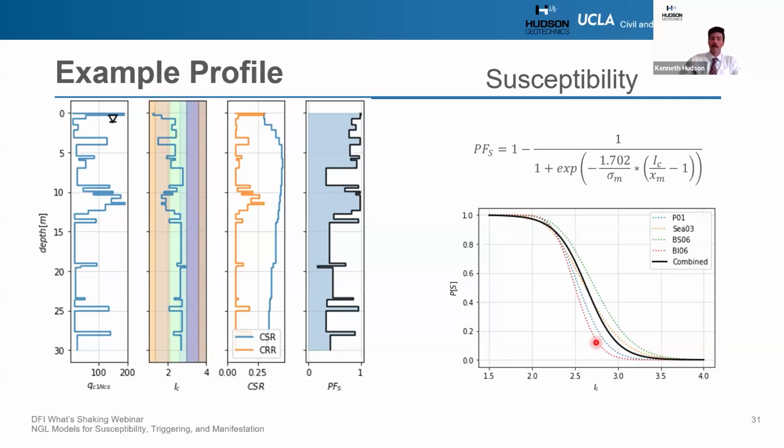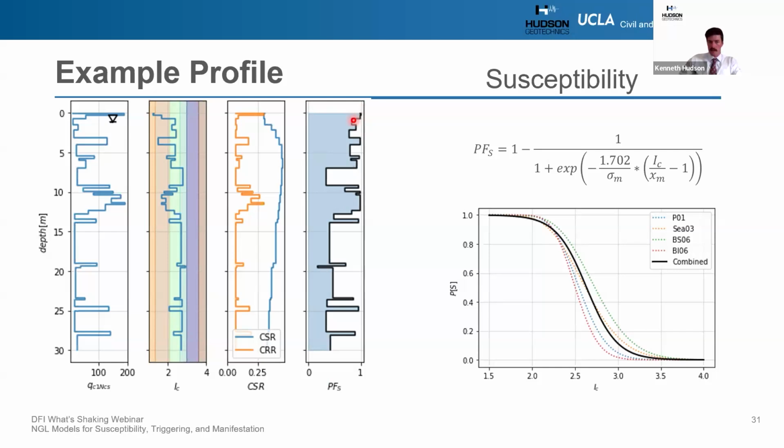And we created this as a Bayesian prior using several different susceptibility models in the past that were related to I sub C. And so we combined the uncertainties of all these past models into this Bayesian prior for our model. And what we can do with this is we can look at every single layer's I sub C value, and we can evaluate what the probability of susceptibility of that layer is here.